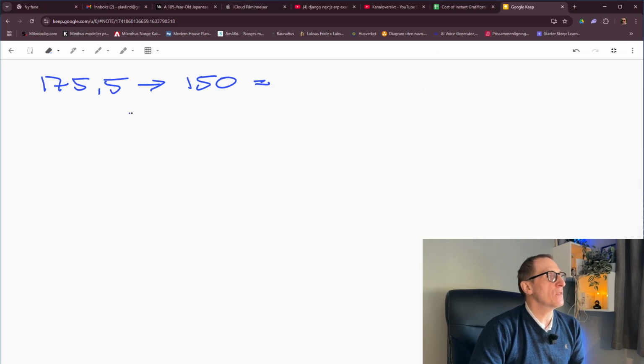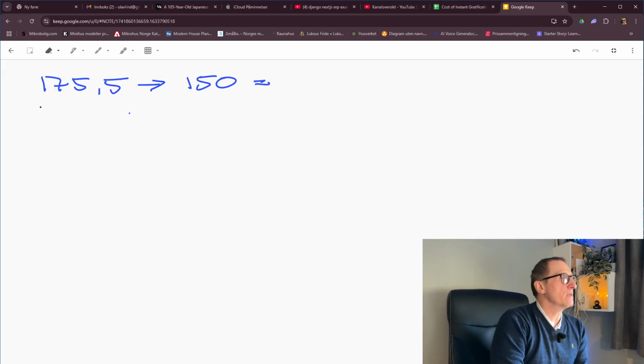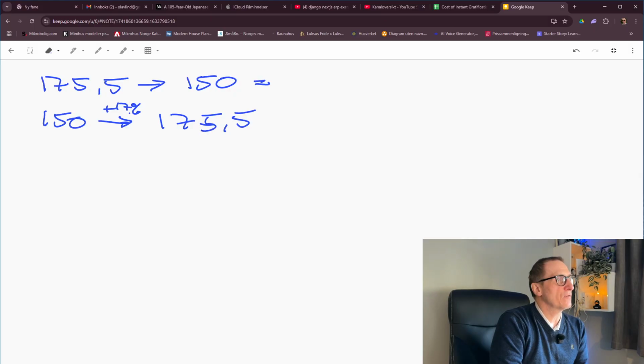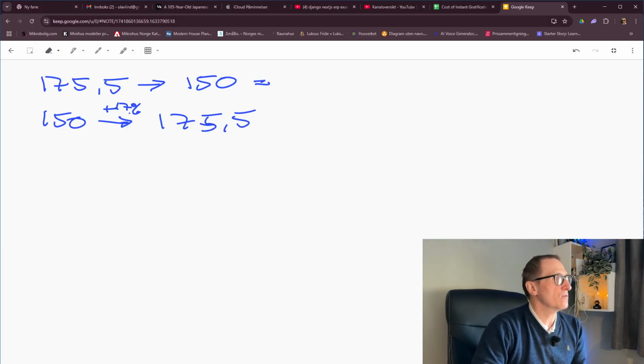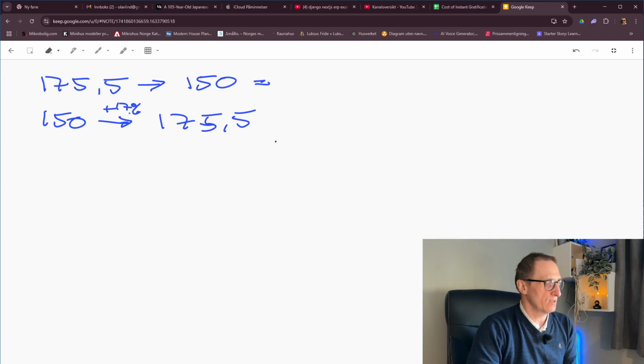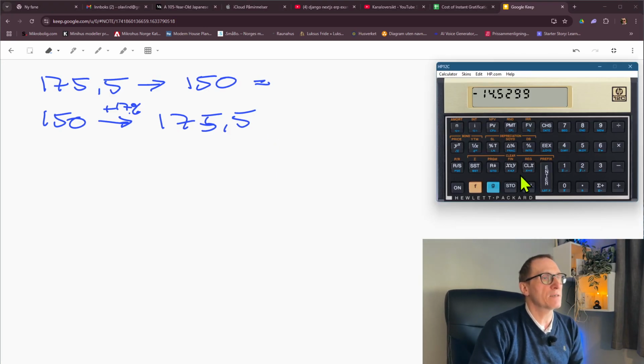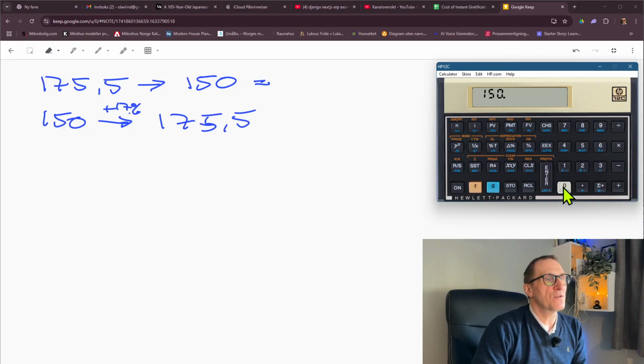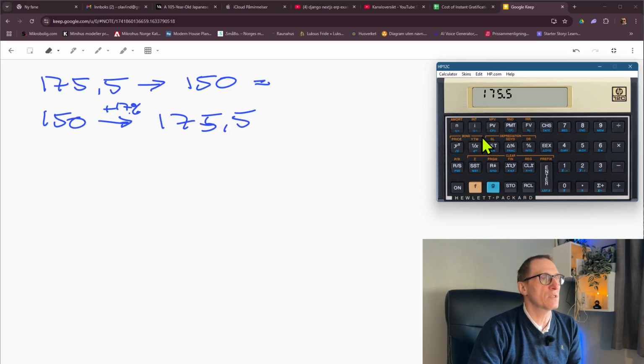If we go the other way, I can take 150. Now I know that I need to add 17% to get to 175.5, but if I only know these two numbers and I want to calculate that, I take 150, enter 175.5, and I want to know how much I need to add in percent to 150 to get to 175.5.